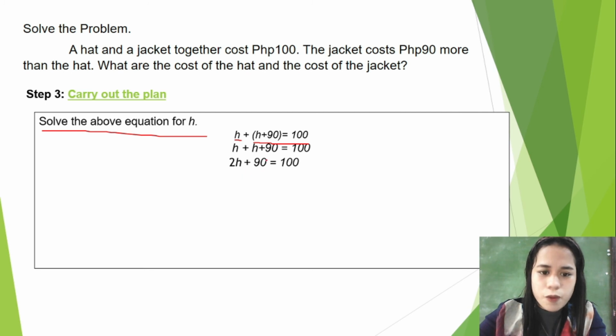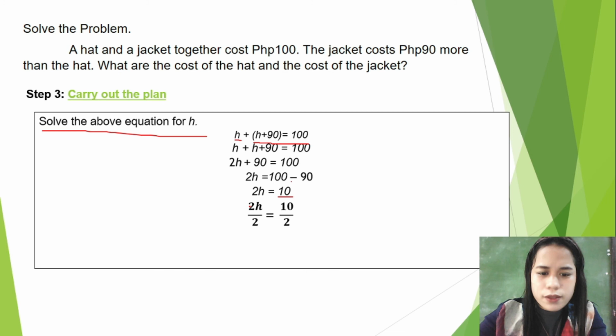And by transposing 90 to the other side, since this is positive, if we transpose that to the other side, it becomes negative. So we just copy 2H is equal to 100 minus 90. Then simplify 100 minus 90, it is equal to 10. Then you just copy 2H.